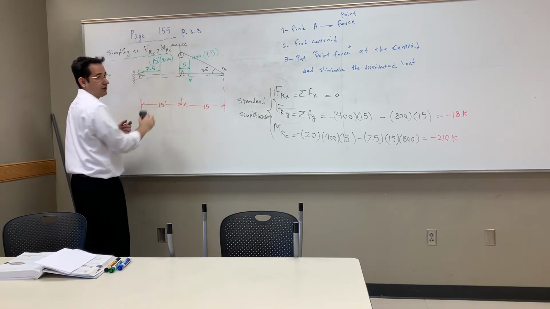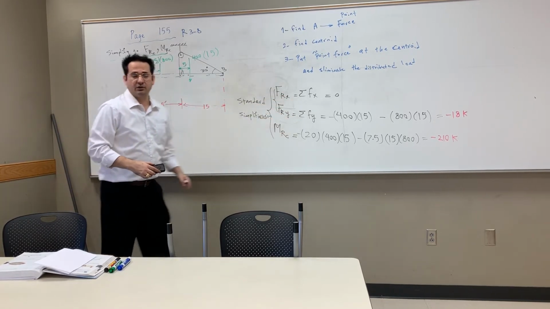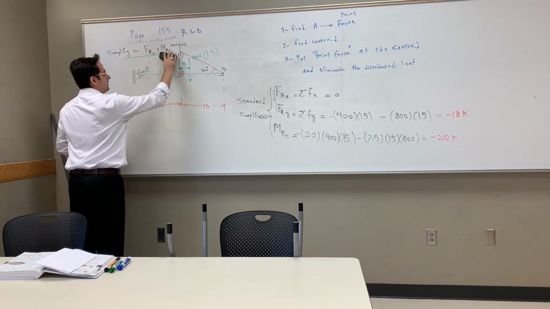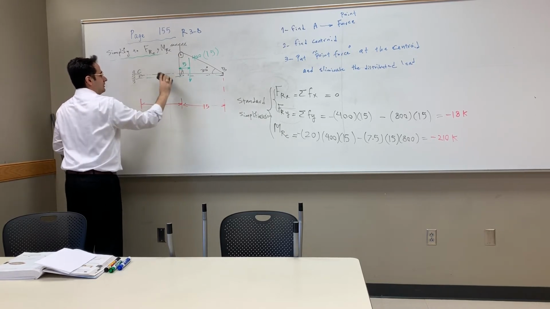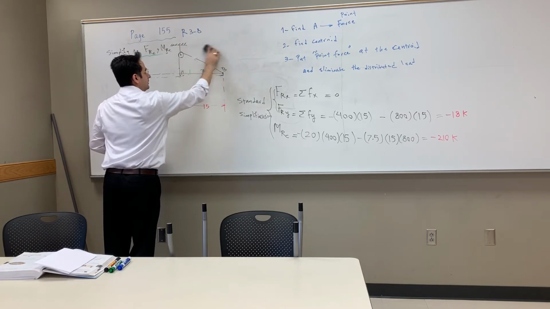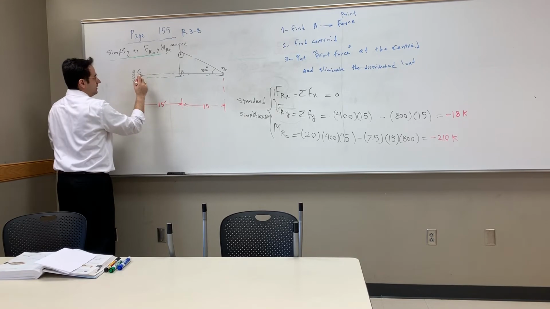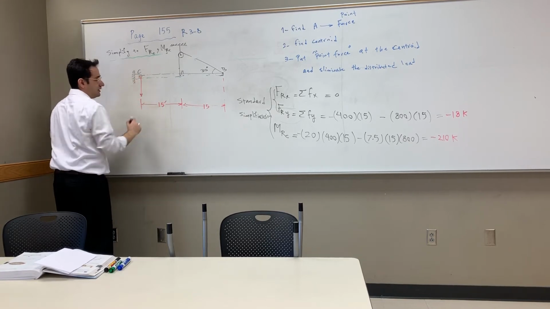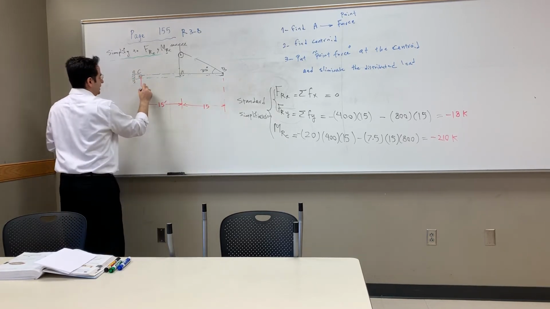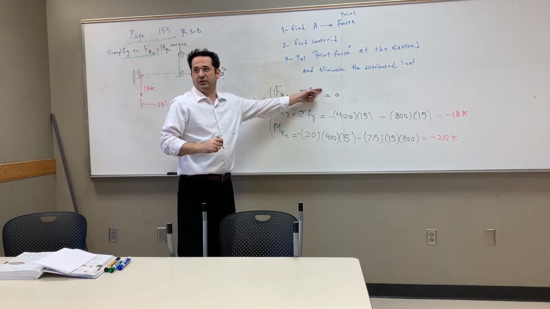So now I eliminate these two guys because I simplified them, right? So I eliminate all these loadings. And I replace, at this point C, with one single force, which is 18K. You see the X component is 0.